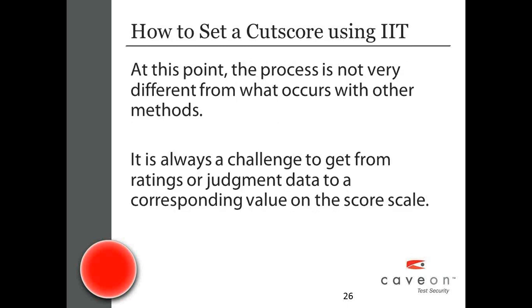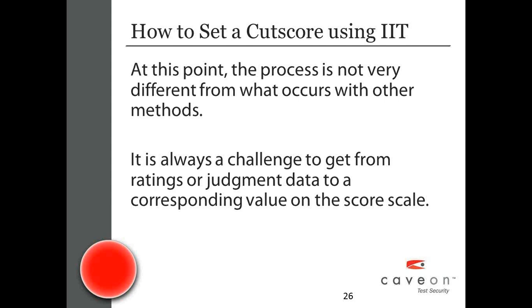Okay, so how to set a cut score using IIT. At this point, the process is probably not very different from what occurs with other methods. It is always a challenge, and I'll emphasize that. Always a challenge to get from ratings or judgment data to a proper or corresponding value on a score scale.